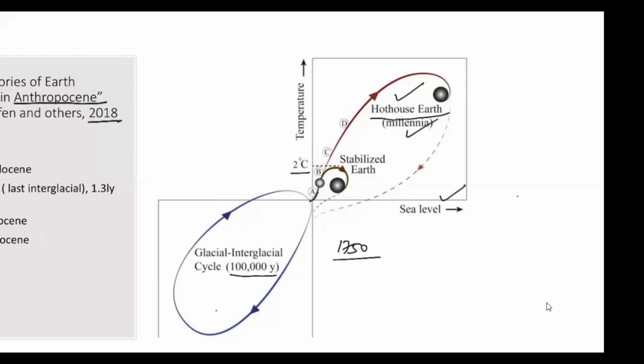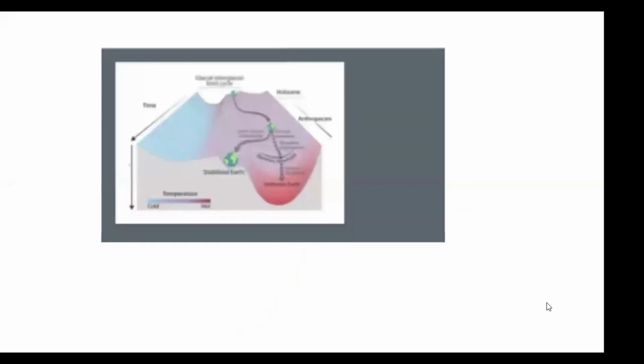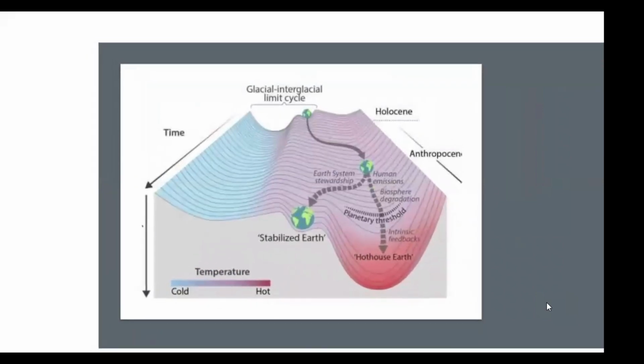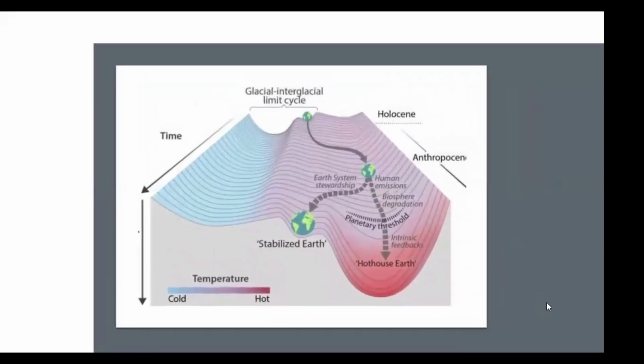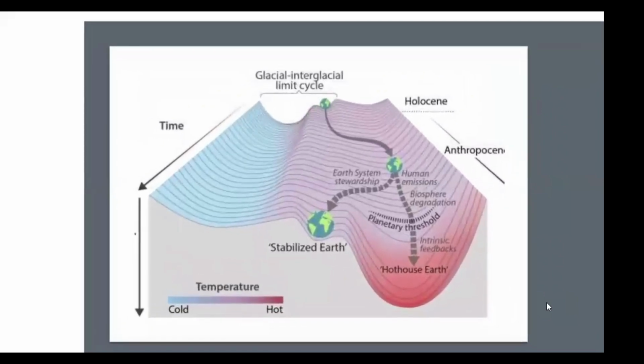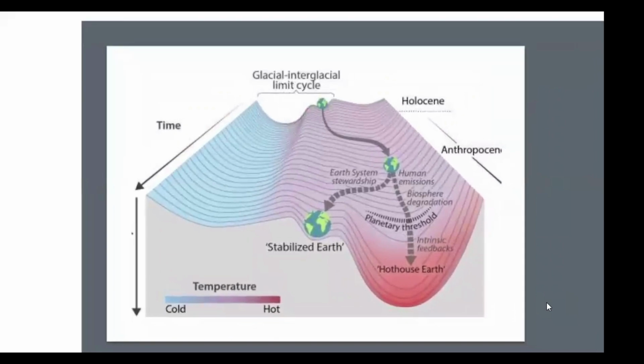The same thing is explained in a different diagram. If the Earth system is in the glacial interglacial cycle, it will be like this, glacial, interglacial.